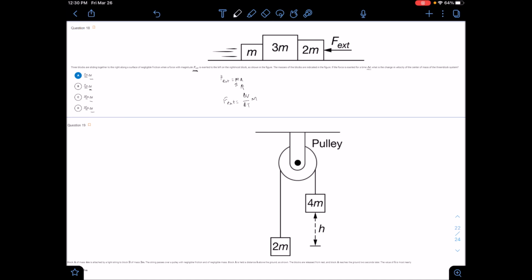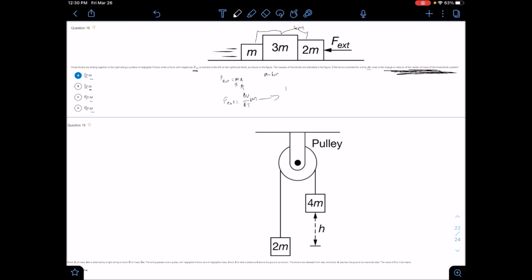But it's not what we're looking for. We're looking for the change in velocity of the system's center of mass. The change in velocity, well, now that we have this equation, we can just rearrange it. So we get, my bad, I forgot. The mass is equal to 6m, because you just add these. That's a total of 6m. Yeah, maybe that's not the best way to denote it.